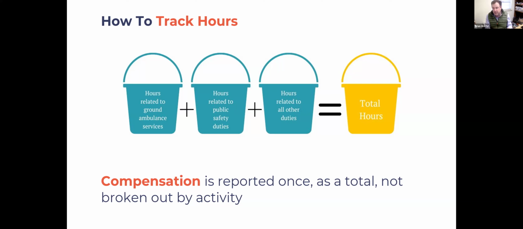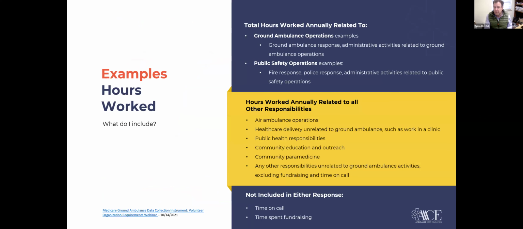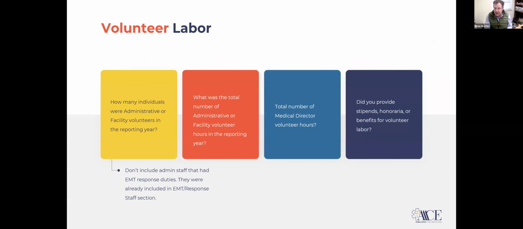And then they, meaning CMS and its contractors, will use that allocation to properly allocate the percentage of their compensation that's EMS related when they factor in what the costs associated with the EMS piece are. So we're just going to, in the interest of time, skip over some of these examples.